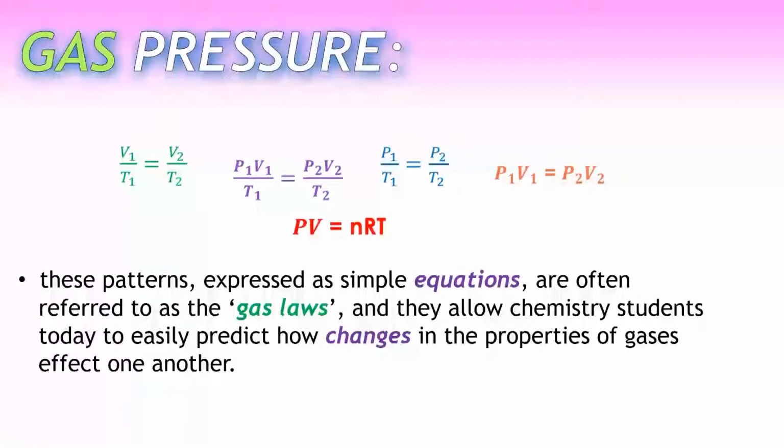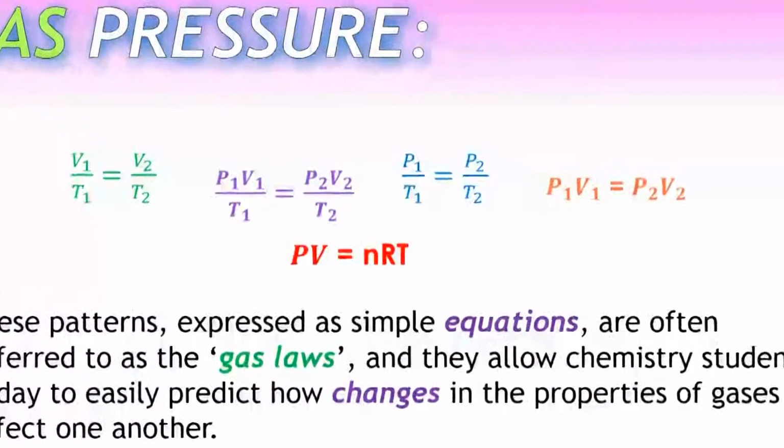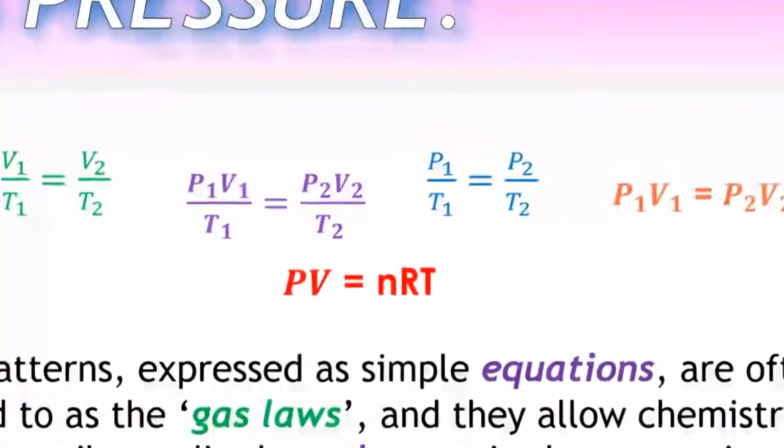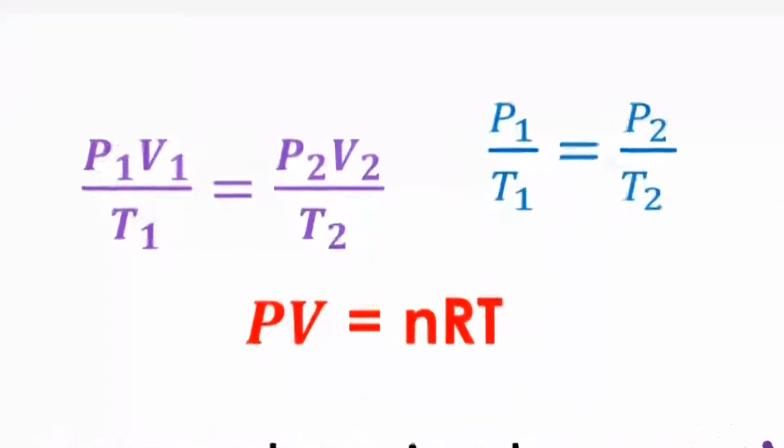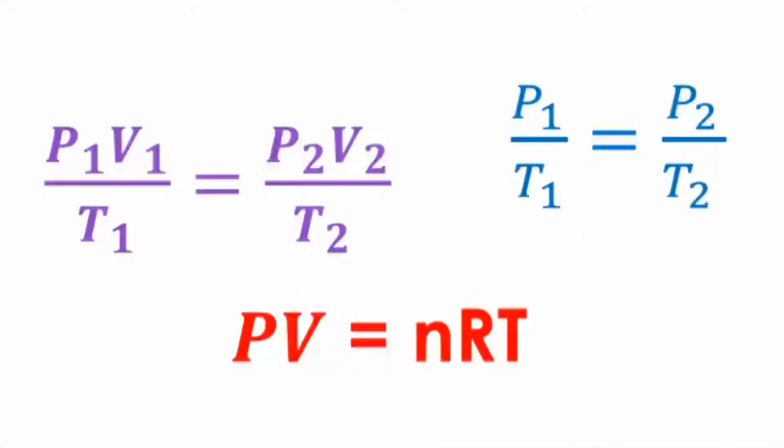Now, you might see them here and think, oh my goodness, it's algebra, and it might look a little terrifying, but look at the letters we're using. Capital P is just going to refer to the pressure. Capital V is just going to refer to the volume, and capital T is just going to refer to the temperature. So a lot of these gas laws are just pressure and volume, or pressure and temperature, or volume and pressure, and there are simple relationships.